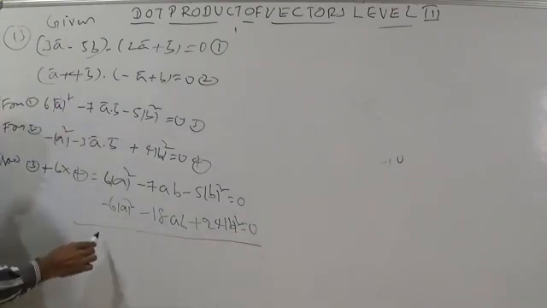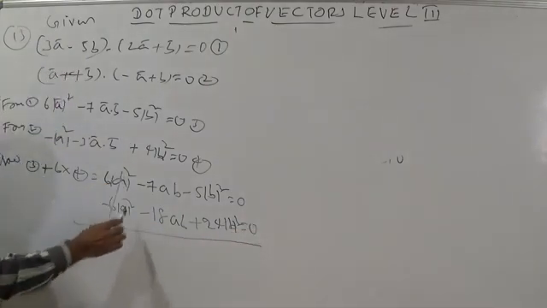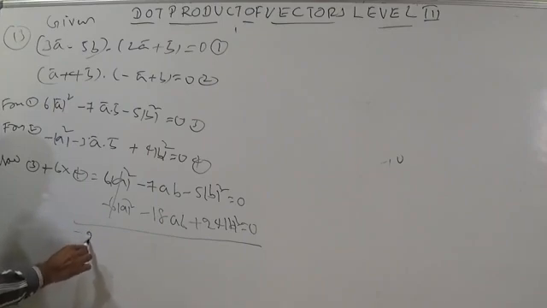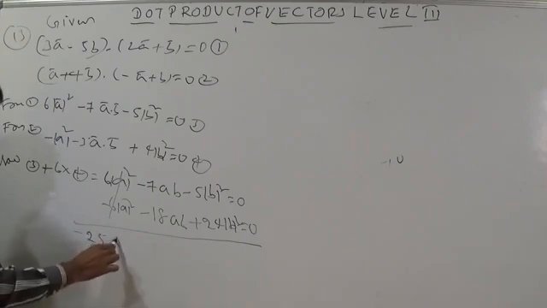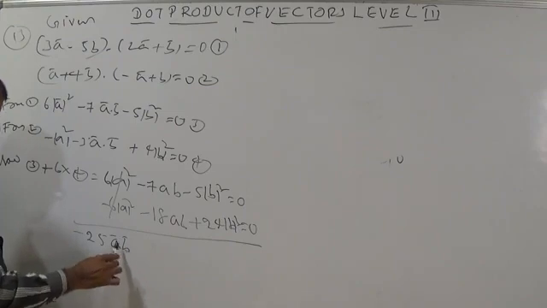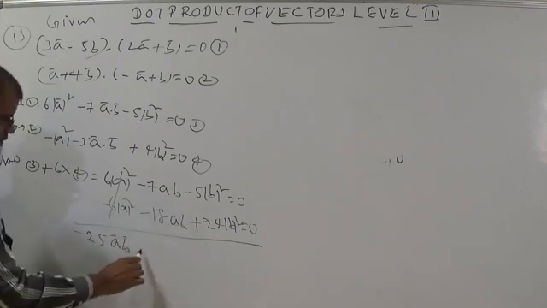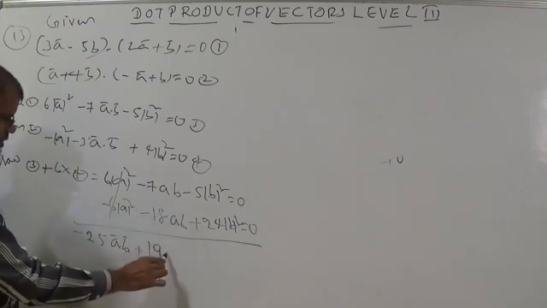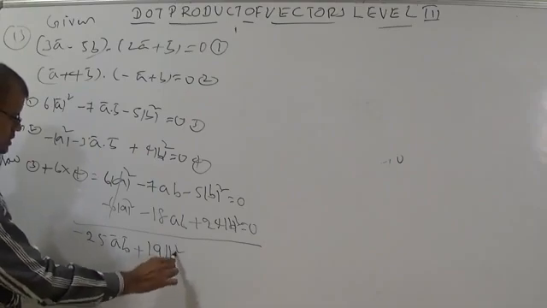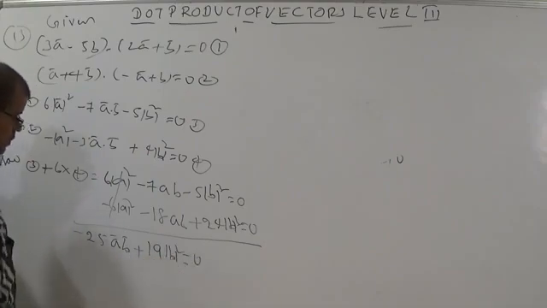Simply adding these two, we get −7 − 18, you can write here −25 a·b, and −5 + 24, you can write here 19|b|² = 0.